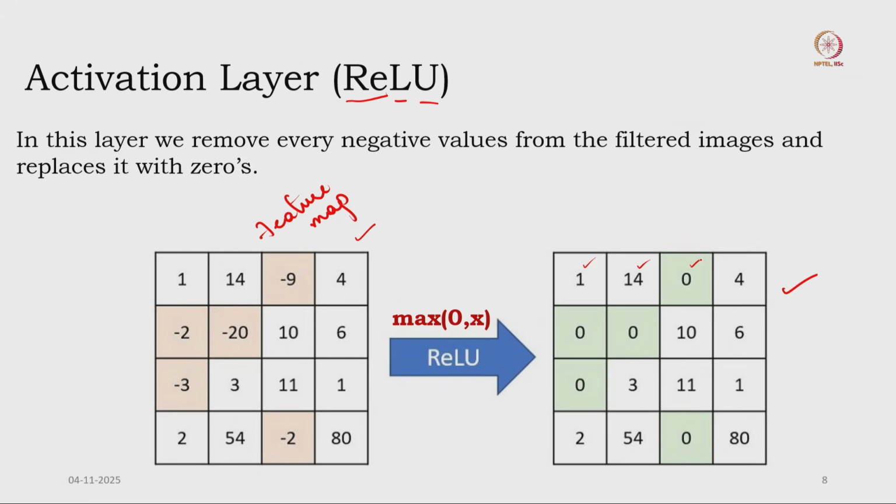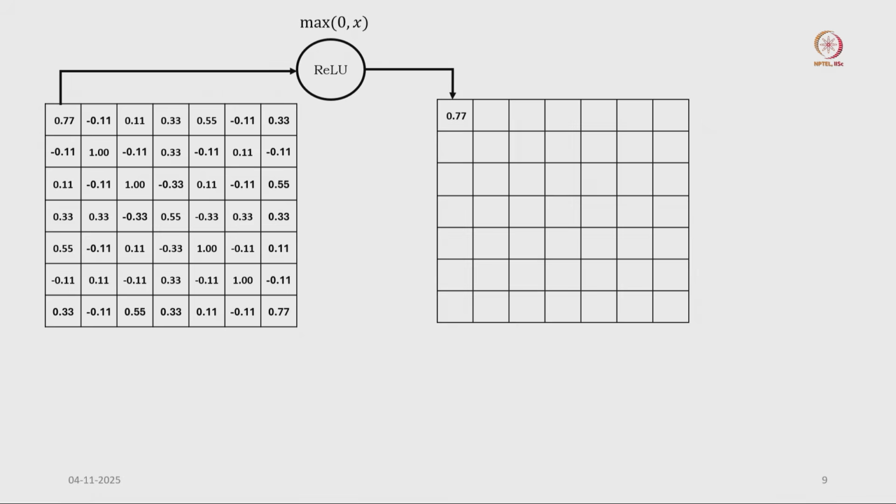So, what exactly is ReLU doing? Every negative value in the image is replaced with zero. That is the role of ReLU. It converts every negative value to zero, and it will also introduce non-linearity. We will understand that, and let us take this with an example.